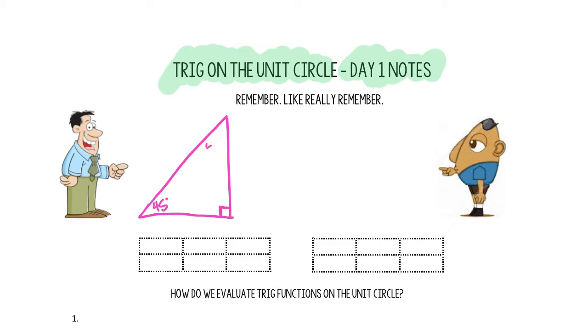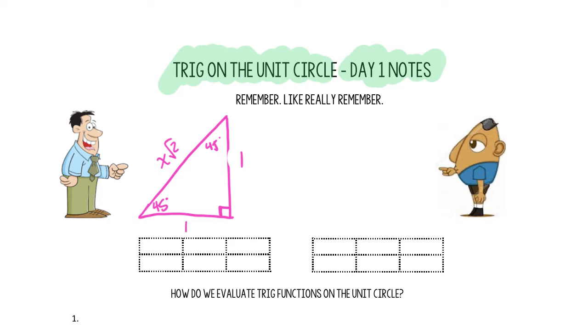45, 45, and 90. You'll remember that when we talked about it, we labeled the leg lengths x, x, and x root 2. Now, on the unit circle, x is always going to equal 1. So our legs are going to be 1 and 1.